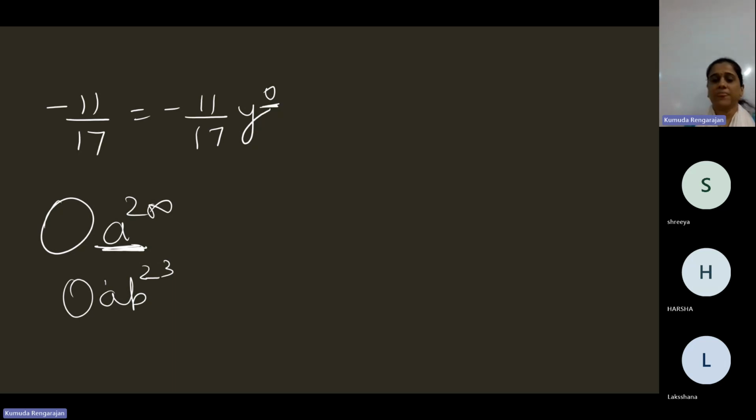So whatever be the value, a to the power 200 into 0 is 0 only, right? So the zero polynomial has many zeros, or every real number is a zero of the zero polynomial.